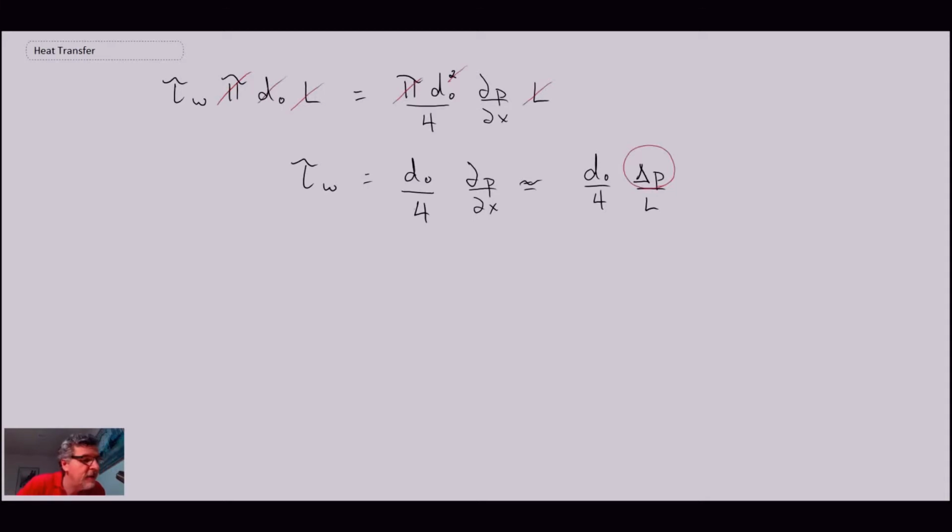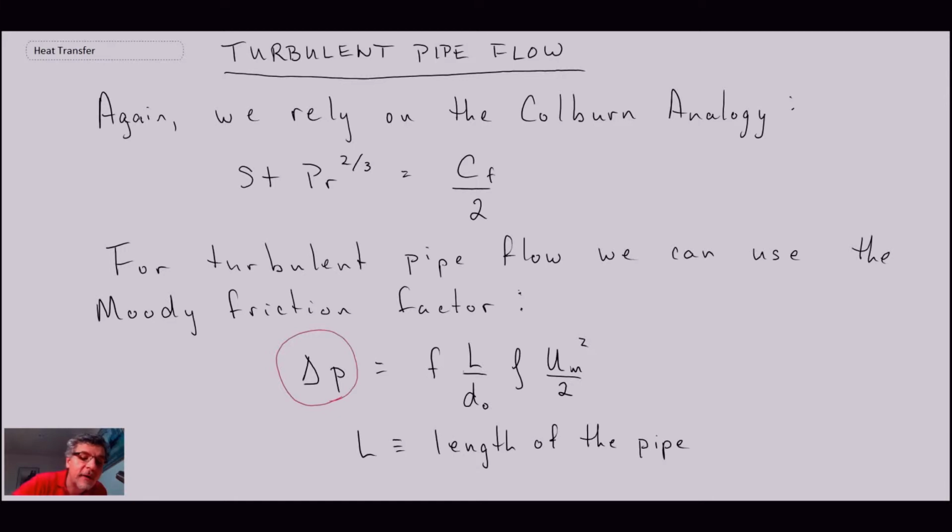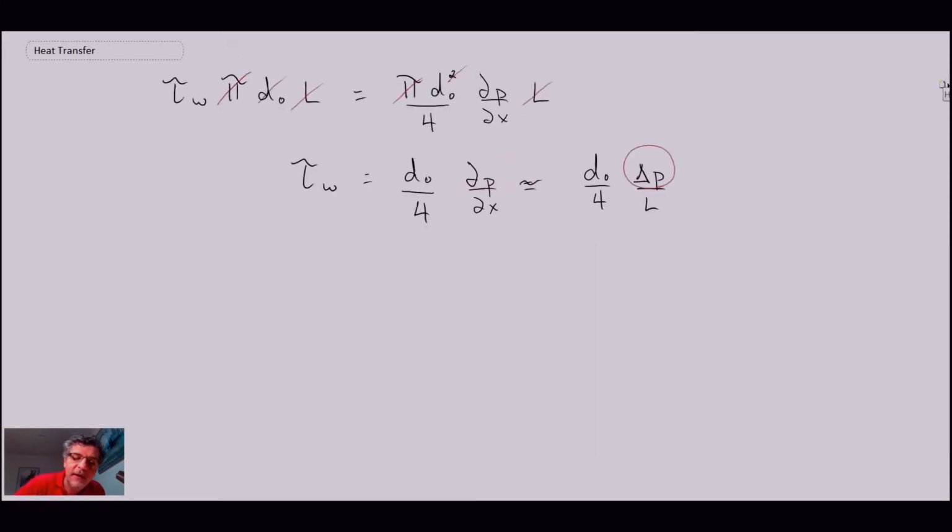Before I do that, however, I'm going to look at the definition of the skin friction coefficient, and the reason I'm doing that is because with our Colburn analogy, we have the skin friction coefficient.